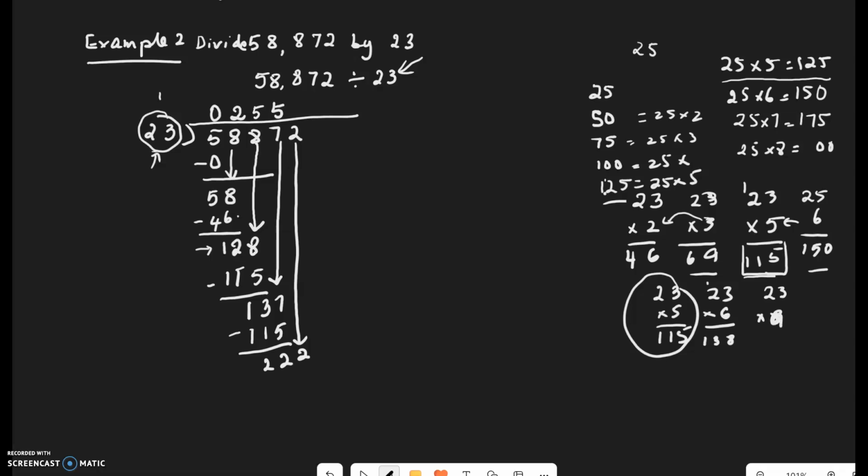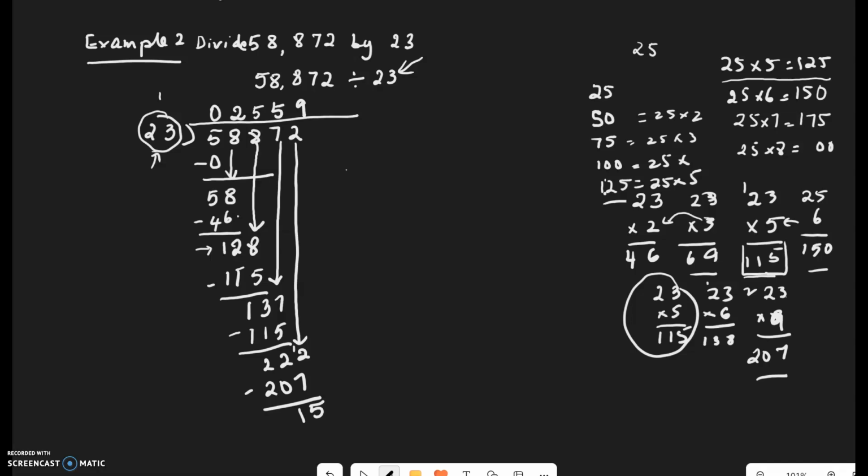23 times 9. Let's see. 9 3s are 27. 9 2s are 18, 19, 20. So 23 goes 9 times into 222. 7 plus 5 is 12, and that would be 15, and 15 is the remainder.